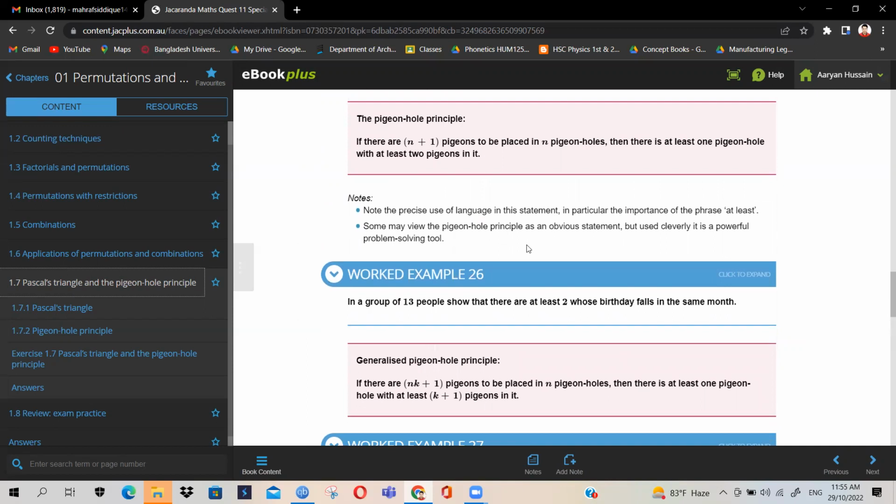Say that you had six people and you want to share chocolate, and you have seven pieces of chocolate and you're not sharing one each. Then there is at least one person with two chocolates.